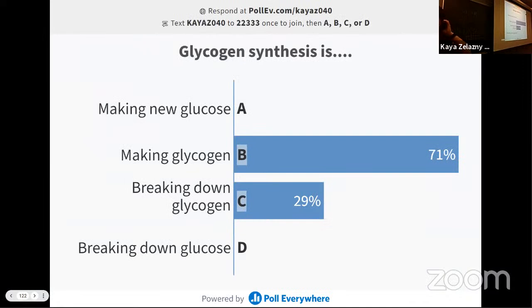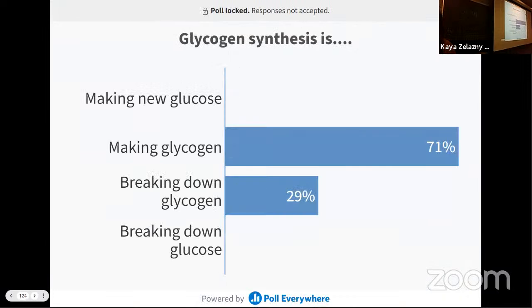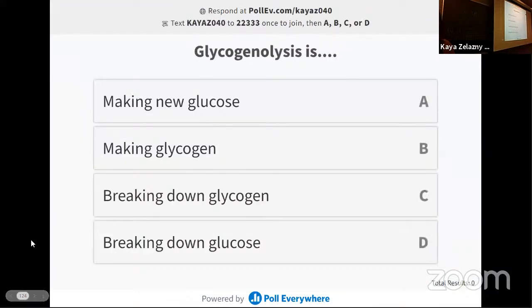Okay. Yeah, so glycogen synthesis. Synthesis is making something. So in glycogen synthesis, we're going to be making glycogen. I'll try another one. So glycogenolysis.